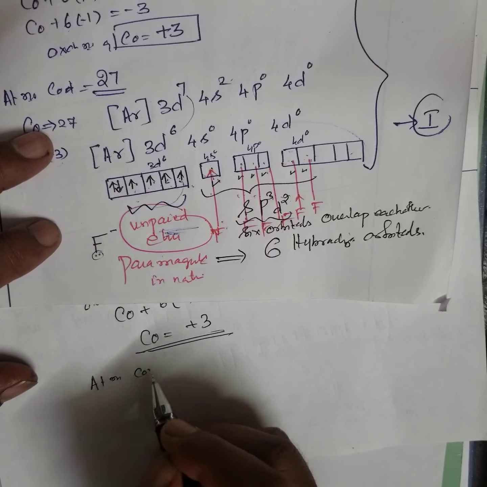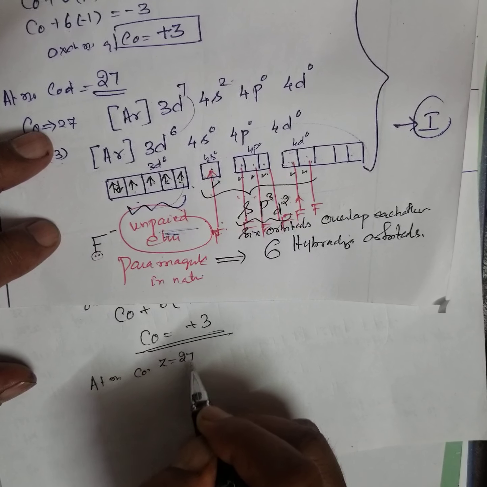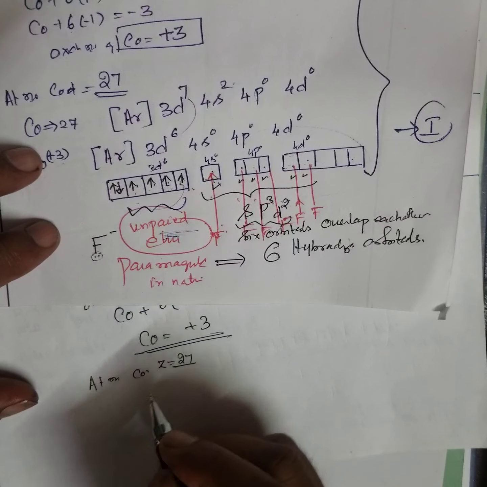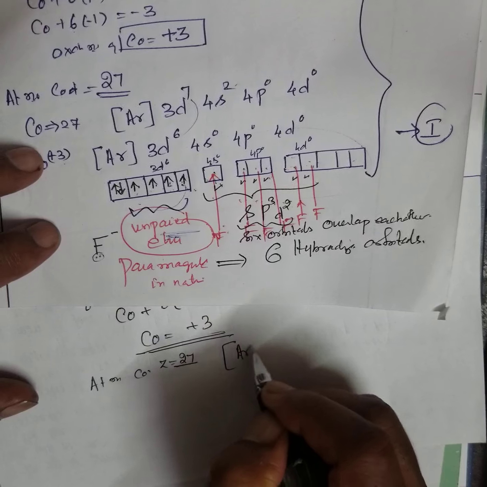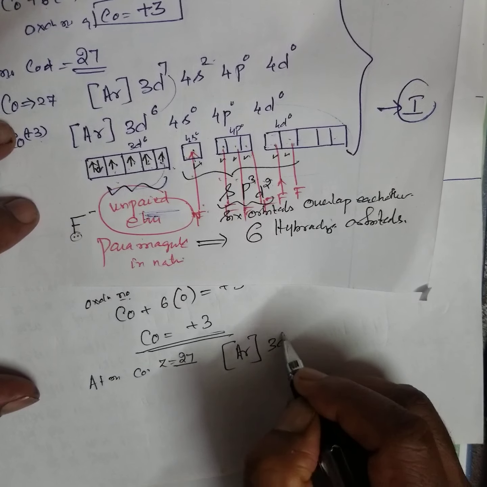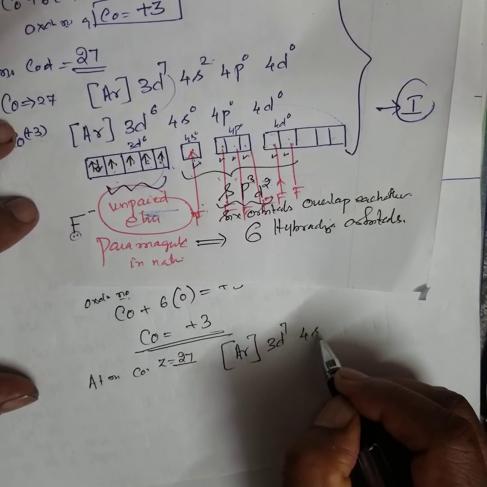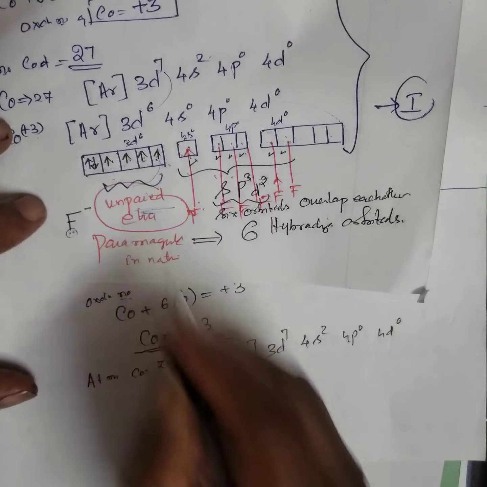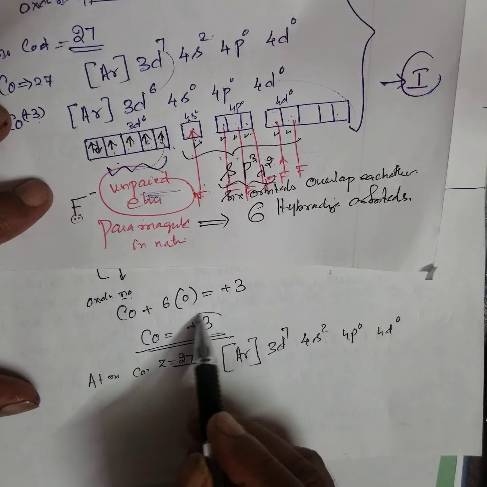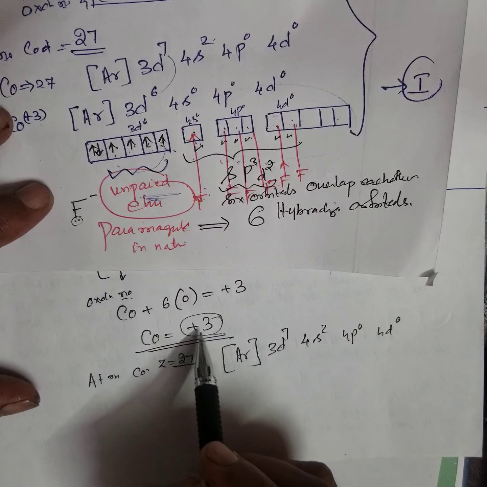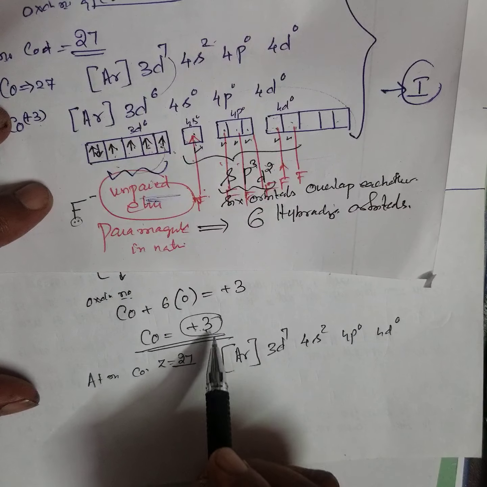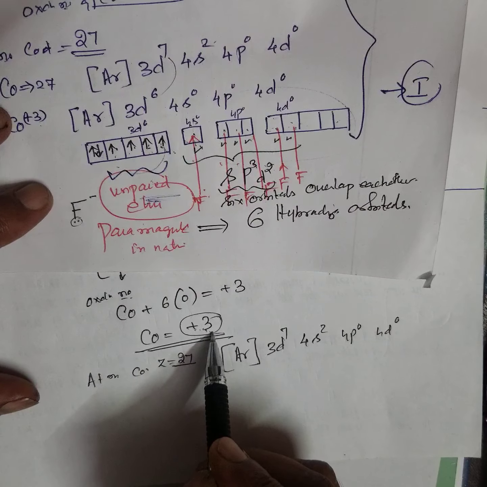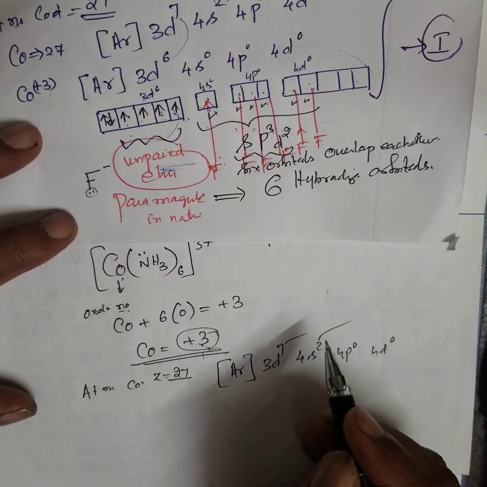Now, the atomic number of cobalt is Z equal to 27. Then you know how to write the electronic configuration: 3d7, 4s2, 4p0, 4d0. Now, since it is plus 3, remove 2 electrons and 1 electron.